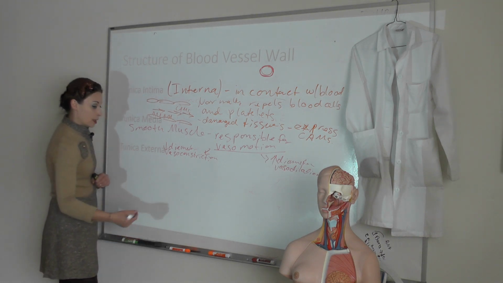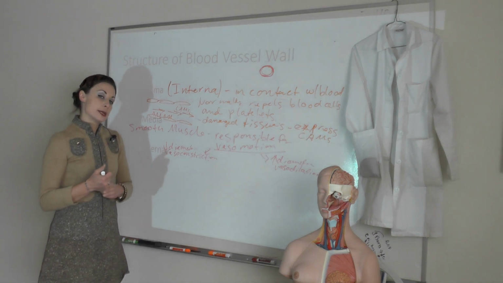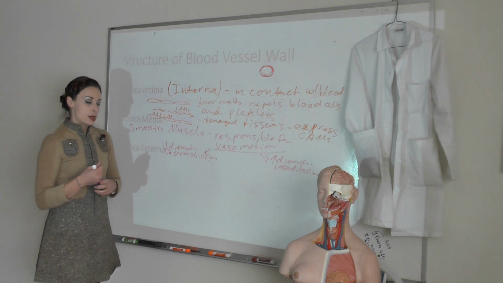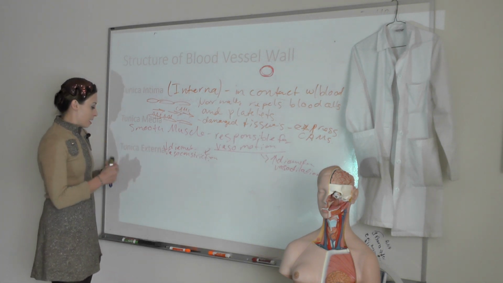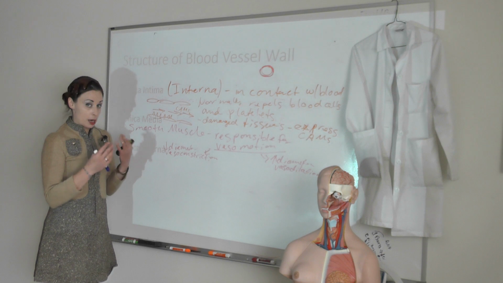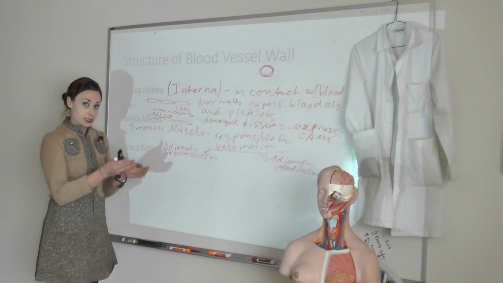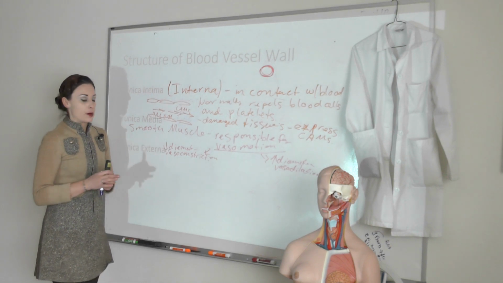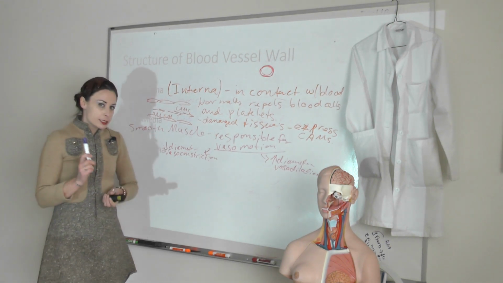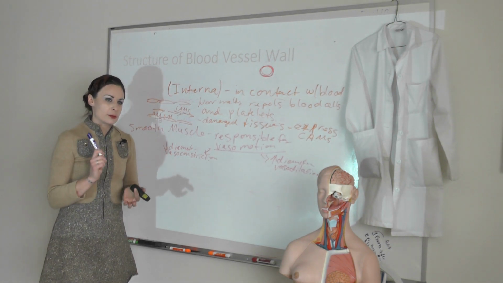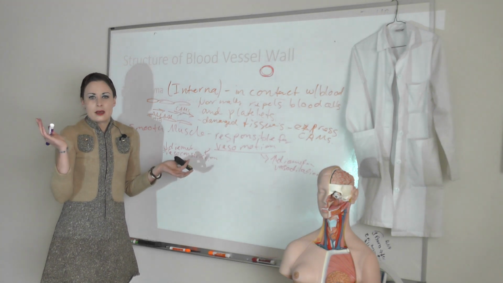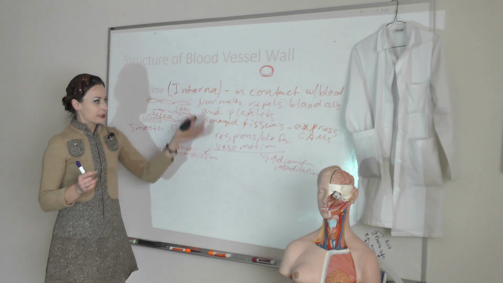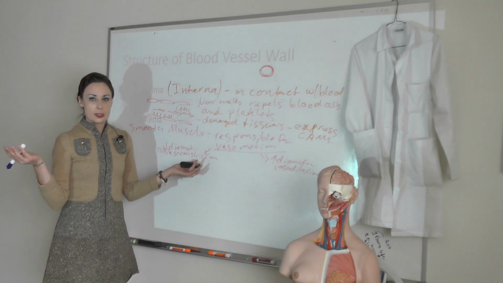Okay, the outermost layer is dense irregular connective tissue that anchors our blood vessels to each other, our companion vessels, so arteries and veins run together, and it anchors them to the surrounding structures. It also contains the blood vessels that serve the blood vessels. What? Blood vessels are full of living cells, so they have to have blood supply.